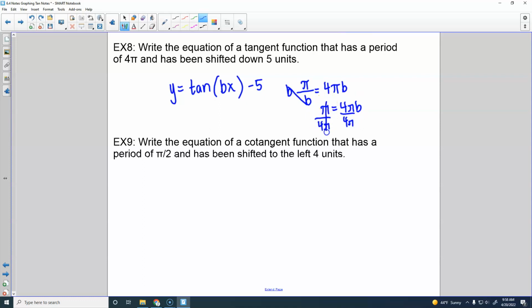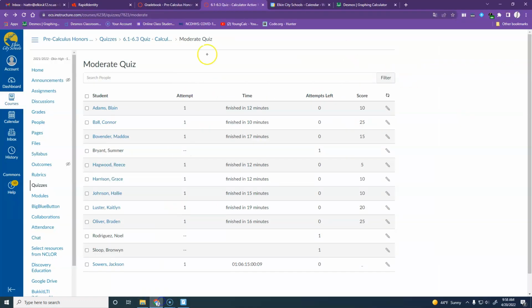The pi's will cancel here and we'll get 1/4 for our b. So my equation would be y equals tangent of 1/4 x minus 5. So although it is slightly different, it's basically the same as what we have done before.